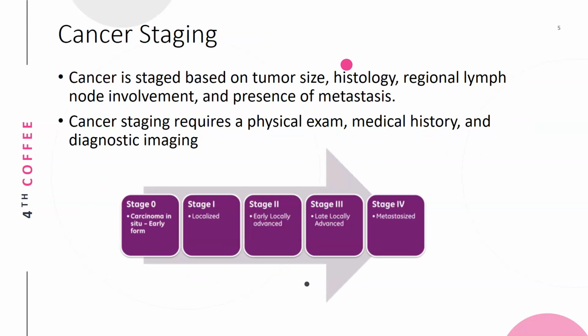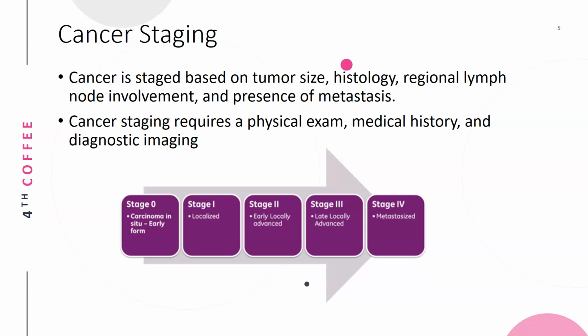Cancer is often staged, based on tumor size, histology, regional lymph node involvement, and the presence of metastasis. Cancer staging will require a physical exam, a medical history, and diagnostic imaging. Stage 0 is carcinoma in situ, so it's an early form. Stage 1 is localized, so it hasn't spread yet.